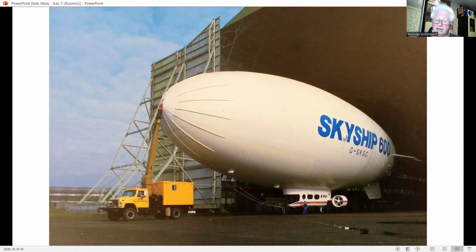The long control cables required from the gondola to the control surfaces, about 100 to 200 meters on the projected large airship, and the probability of experiencing lightning strikes make an optically signaled flight control system an attractive solution. It is interesting to note that the proof of concept Skyship 600 airship first flew with an optically signaled flight control system in October 1988, so many years ago.